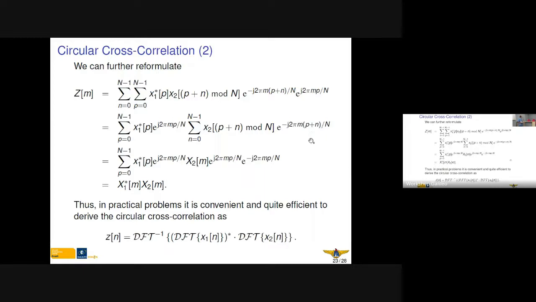We can clearly see that here this is a circular shift now. So we can apply this from before.